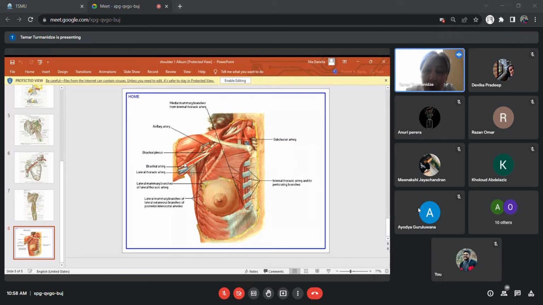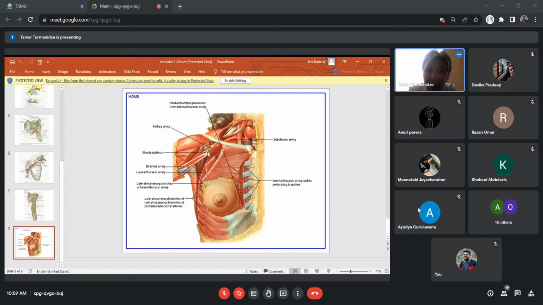Below the pectoralis major muscle is located the clavipectoral fascia, which forms the suspensory ligament of the gland, and it makes a compartment for the pectoralis minor muscle and also for the subclavius muscle. So below the pectoralis major muscle, we have what? The pectoralis minor muscle.